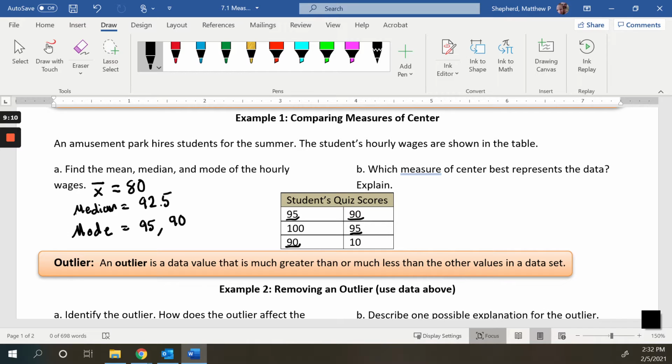And we've got more formal definitions of how to determine whether or not a number actually is or is not an outlier. For right now, we're just going to use the definition that it's a number that's far away from the rest of the grouping.